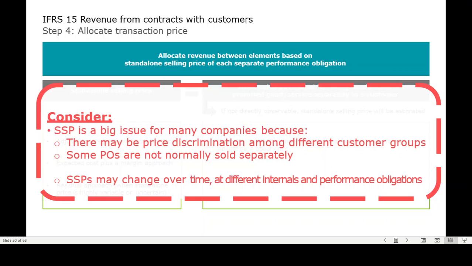In that case, the company might have to make a policy at the time of making the contract. There can be different consumer groups where you are selling the same products and services at different prices. So you may need to either use the normal price of that consumer segment, or take an average of those prices. The company has to make it clear in their revenue recognition policy.